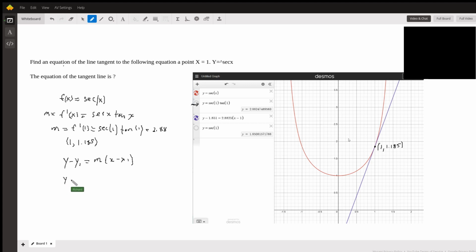So y minus 1.185. Sorry, I don't know why I wrote that wrong. You can see it's right here.